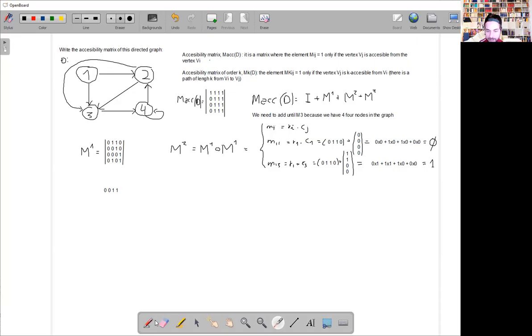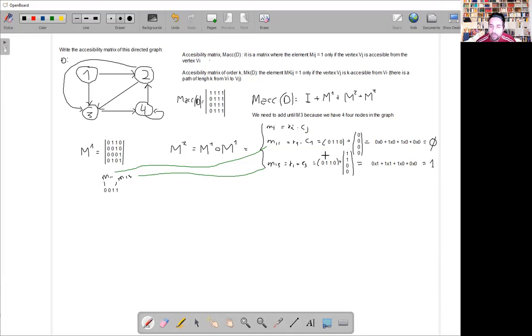So this is the position M1,1 that we calculated here, and this is the position M1,3 that we calculated here, right? If it doesn't come out by doing it directly, just do it one by one.